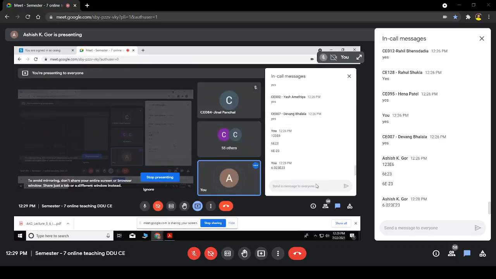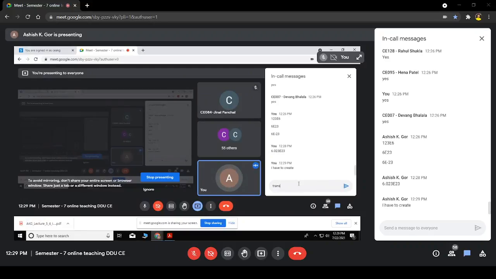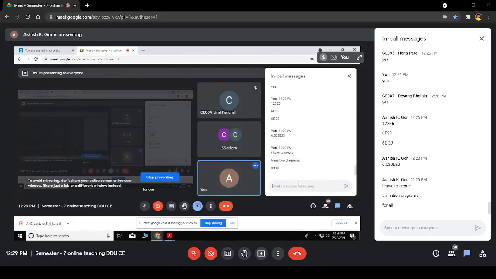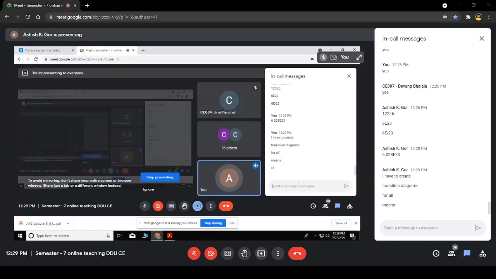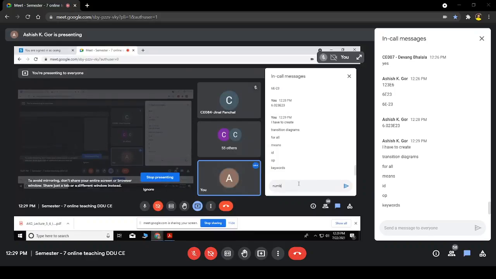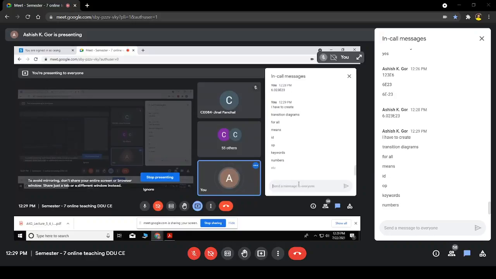So what I meant is that I have to create transition diagrams for all: for IDs, operators, keywords, numbers, and so many things like punctuation marks.